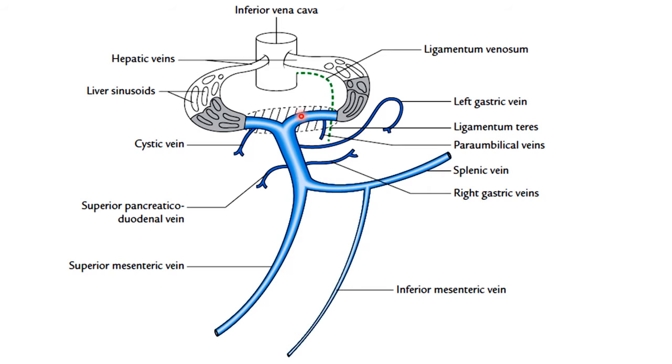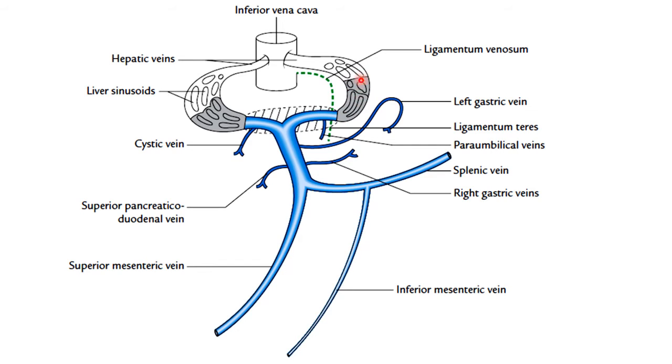The intrahepatic course. After entering the liver, each branch of the portal vein divides and redivides like those of the hepatic artery to end ultimately in the hepatic sinusoids.